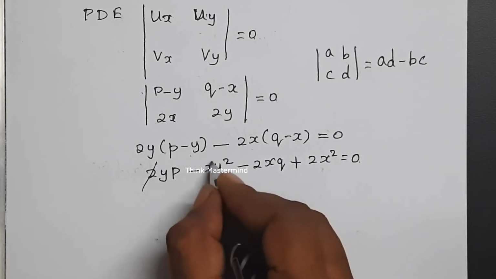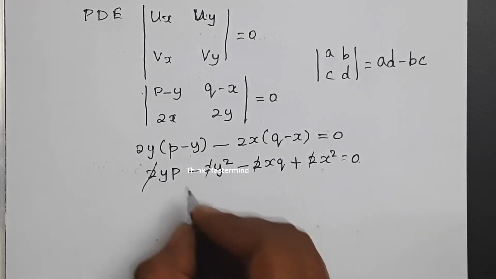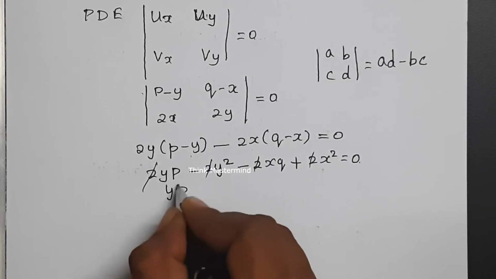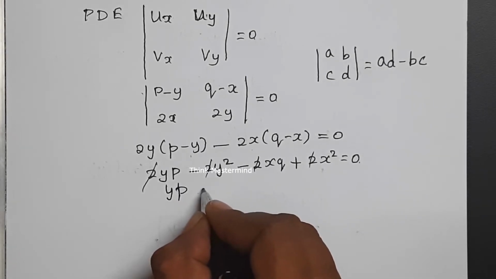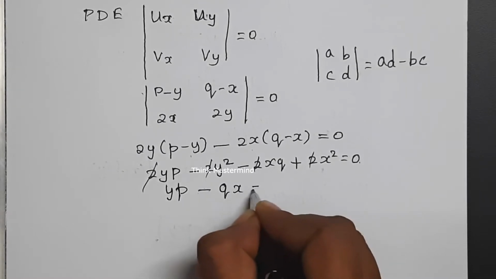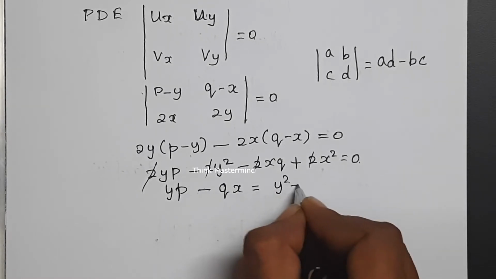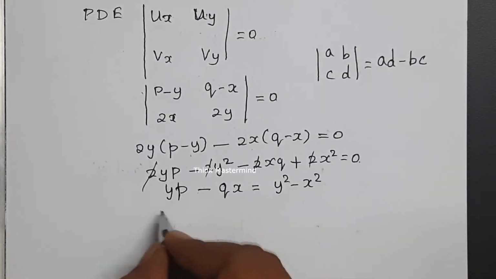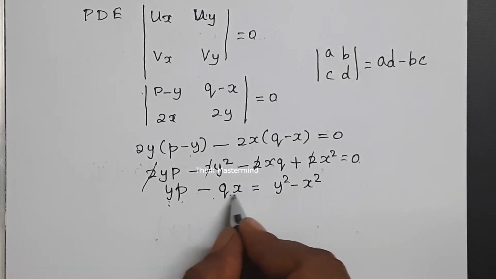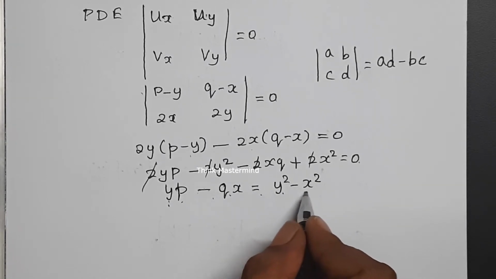Now cancelling 2 in every term, you can write y into p minus x into q is equal to y squared minus x squared. So it is in the form yp minus xq is equal to y squared minus x squared.